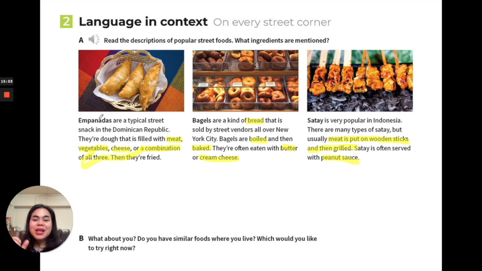So here you see empanadas, bagels are all plurals, okay? So when you talk about that kind of food, that kind of thing, just in general, okay? You use the plural form. Elephants are cute animals. Dogs and cats are man's best friend, for example. So you use the plural form, but with this one, อาจารย์ why satay no s?